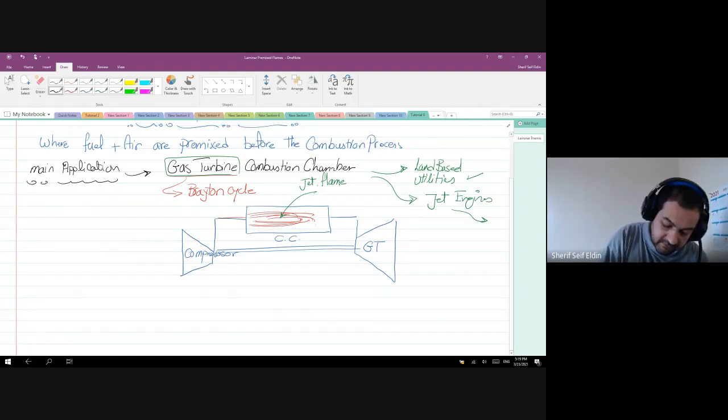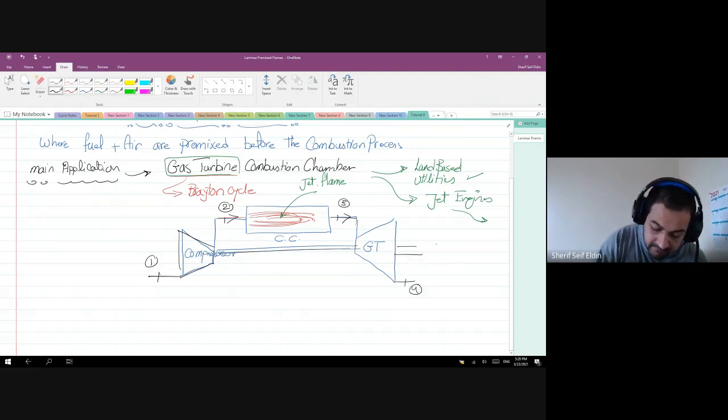When the exhaust gas goes to the gas turbine, the blades inside the gas turbine will be rotating, and it powers the compressor at the first stage. I think you've taken this in your thermodynamics.